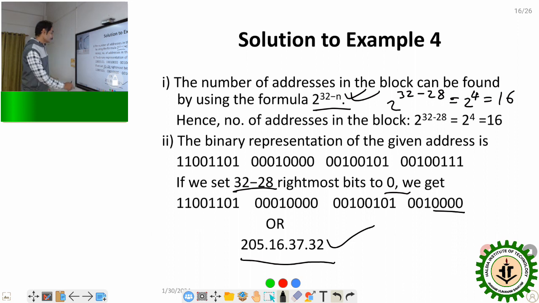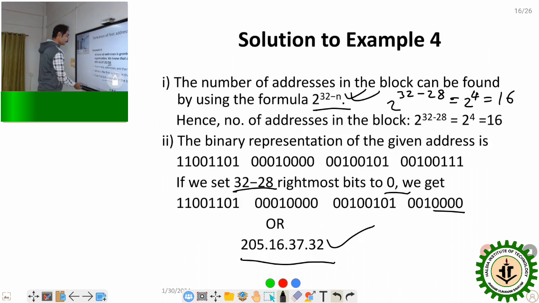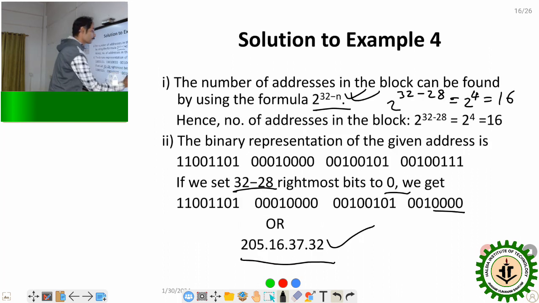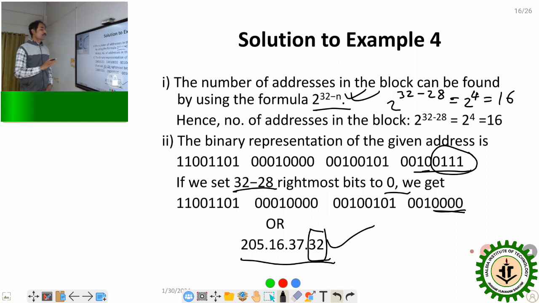The byte we were given was 39. 39 is equivalent to 32 plus 7, that is 111 in the last bits. But here we are replacing the last 4 bits with 0, so this byte becomes 32. So 32 will be the first address of this network.